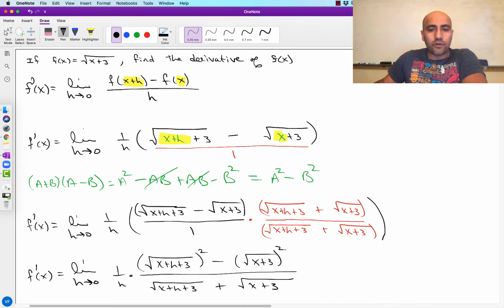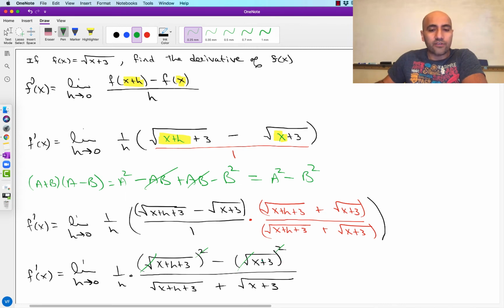Okay, so the numerator turns into this. The denominator we're just going to leave alone. Okay, so we tuck it underneath there. We have one big happy fraction. And what's great about this is that now we have the square root of something squared. So we know that these two operations will undo each other, right? We take the square root of something and then we square it. Then this operation will reduce with that one, and this will undo with that one.